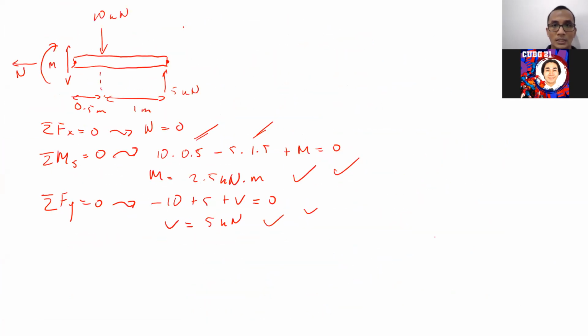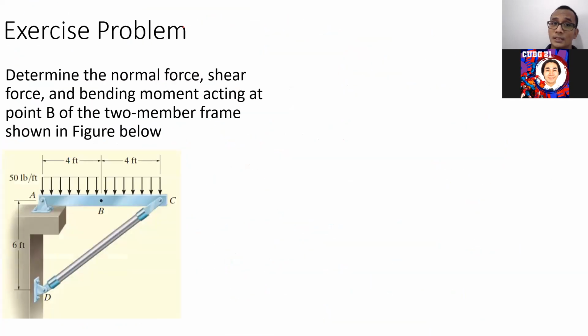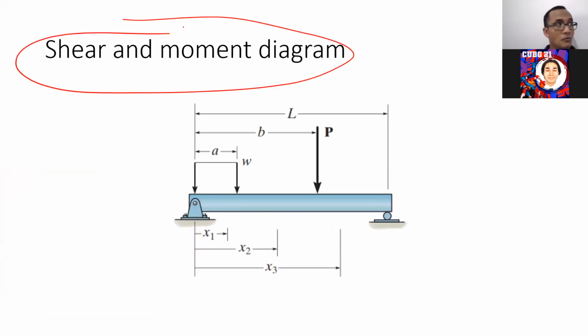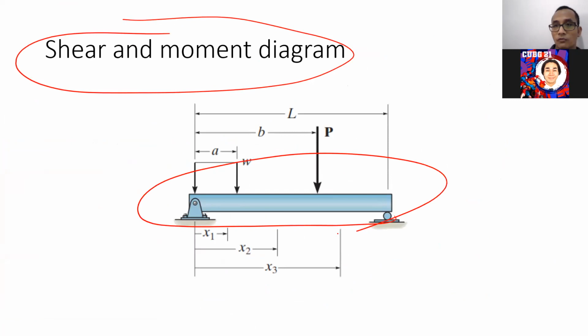In your homework as well, you are only asked to find the internal force and internal moment at one particular point only. And the next thing that we want to learn right now is how to find the internal force and internal moment for the whole beam.